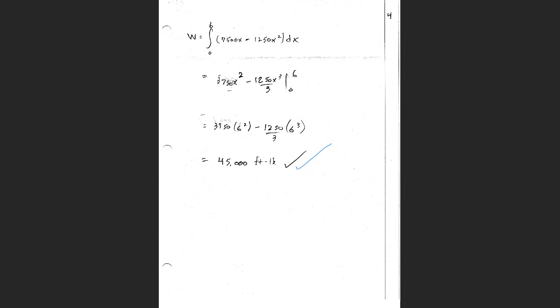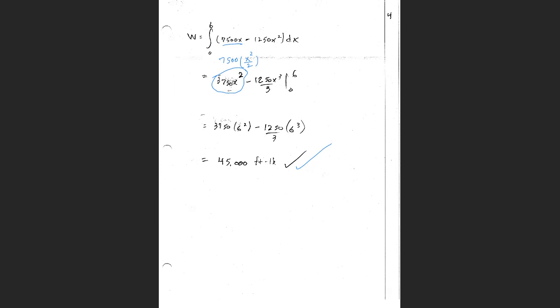Let's see, Sandia. I'm looking at the antiderivative. So here's the thing. How did I get this term here? The antiderivative of 7,500 is 7,500 times x squared over 2.